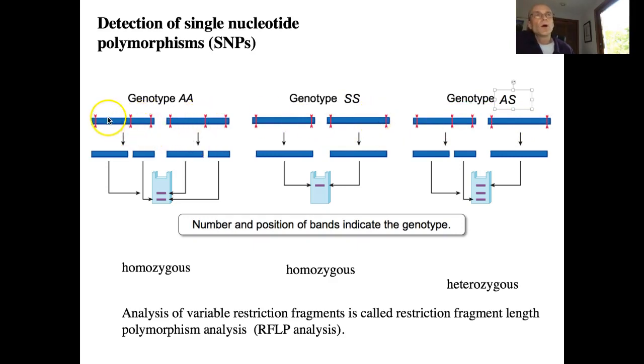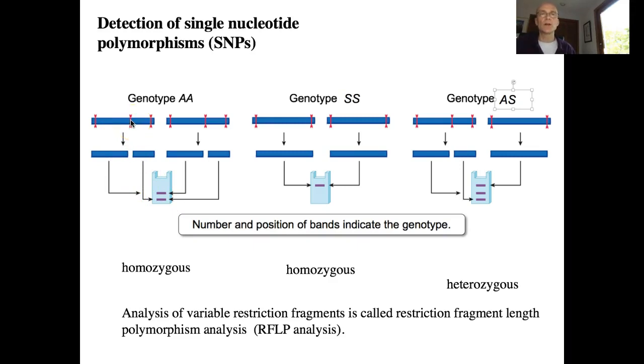So if you are isolating the DNA from both individually, and then you cut the DNA from both individually, and you run it on a gel together in the same well, in the same lane here, you would see that that enzyme will cut, of course, exactly the same way because it's the same allele.